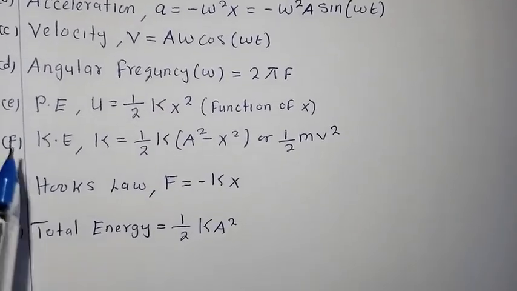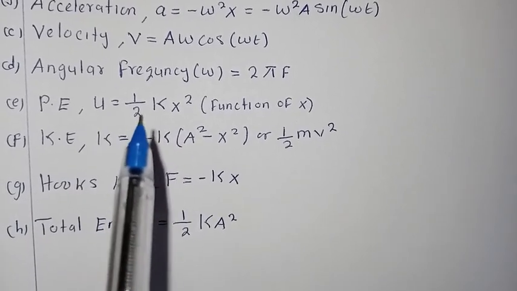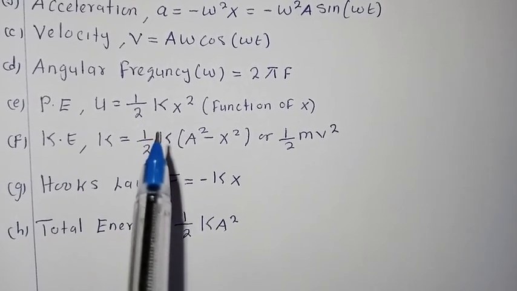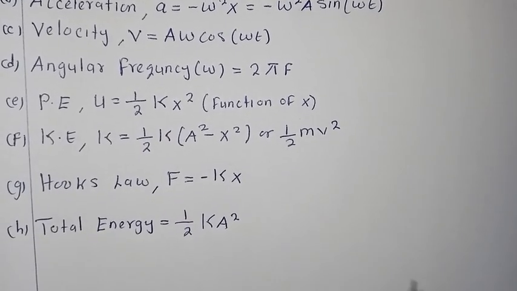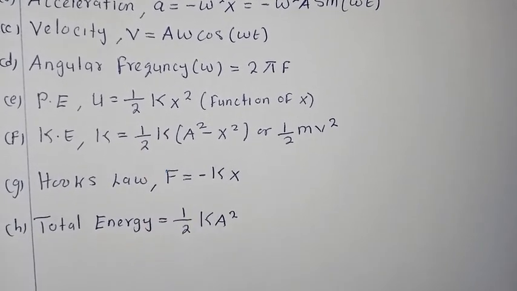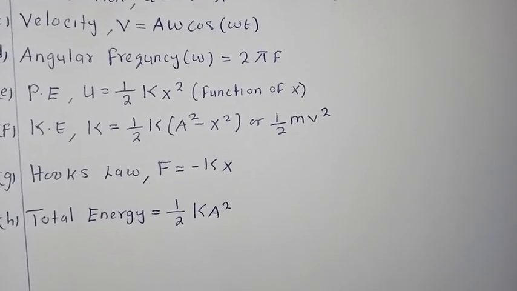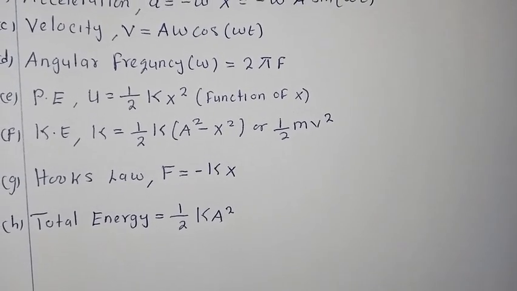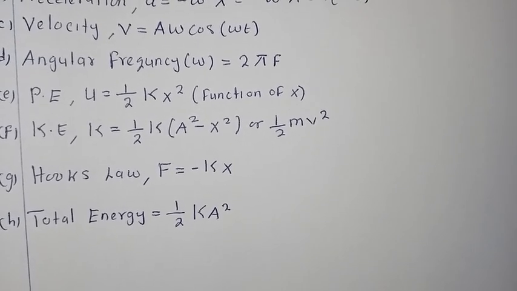Then we have the potential energy, and this is the formula: one over two k x to the power 2, as a function of x. We have the kinetic energy, and this is the formula. I will demonstrate how to come up with these formulas. It's very important that you know how to derive formulas in physics.